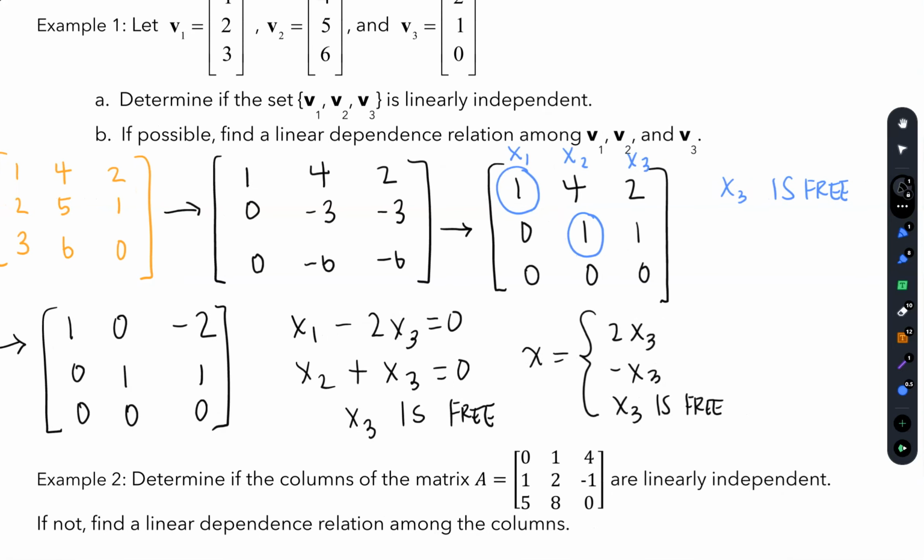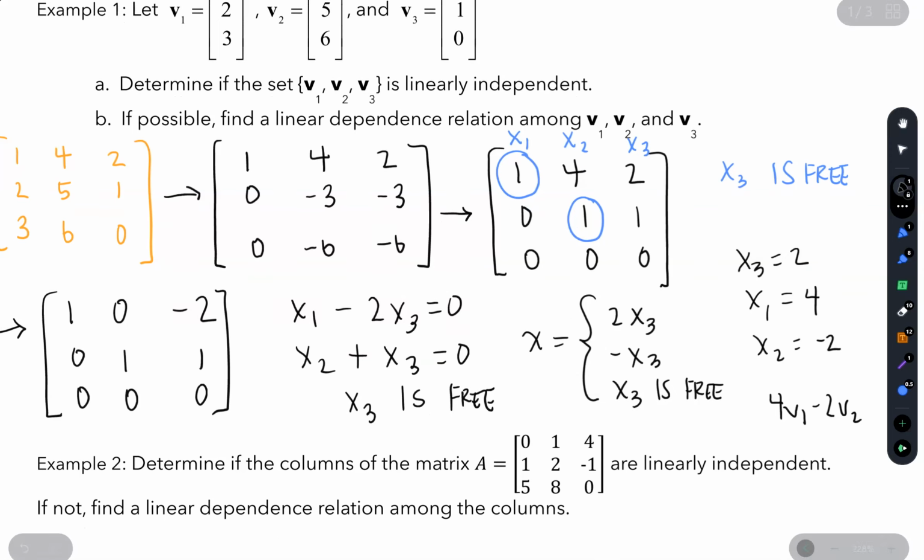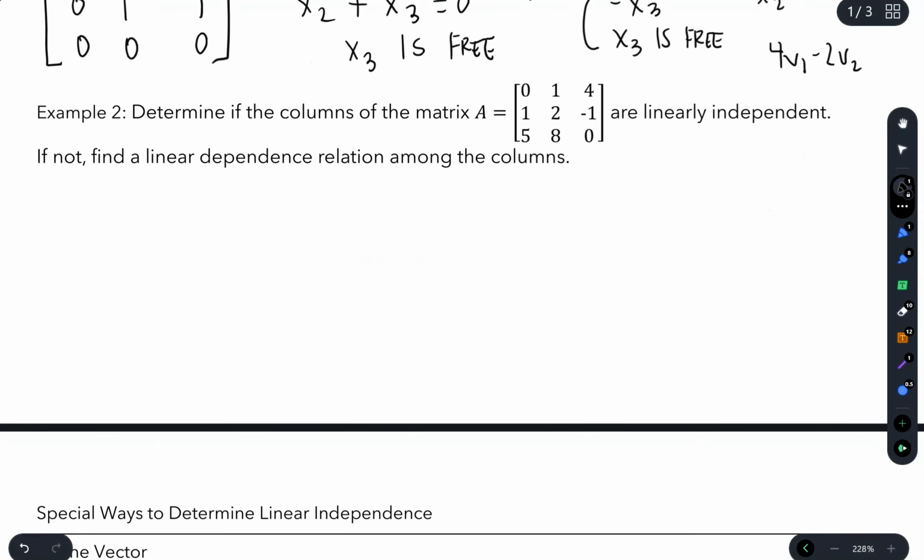So I'm going to choose x3 to be 2. If I let x3 be 2, then x1 is going to be 4, and x2 is going to be -2. So my dependence relationship here will be 4 v1 minus 2 v2 plus 2 v3, and that's all going to be equal to 0. Do y'all agree with that?